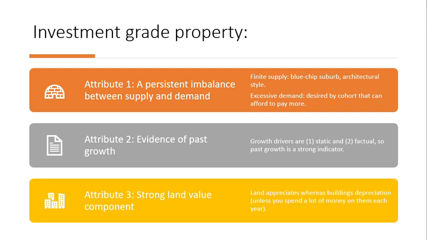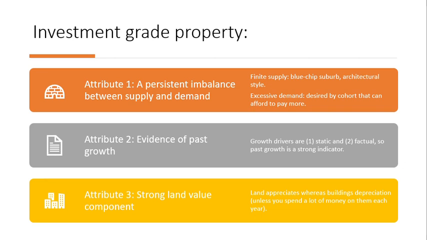The third attribute is a very strong land value component. So a property's total value is made up of 2 items. Firstly, its underlying land value, and then secondly, any improvements on that land, so the dwelling, of course, which we call the building value. We know that buildings depreciate over time and land appreciates.